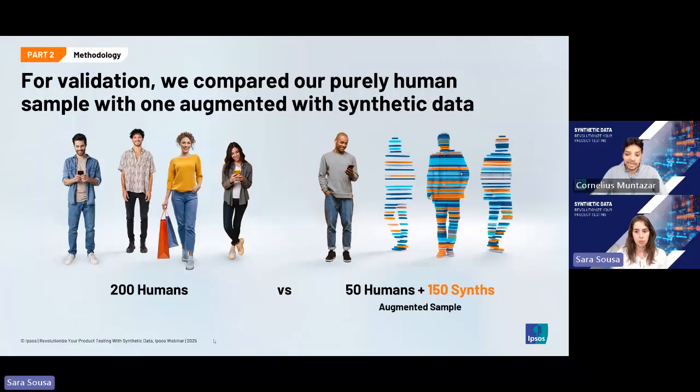This AI seed sample is the same respondents that the AI is then trained on. This seed sample is then used to generate an additional 150 synthetic respondents, or 150 synths. And so we compare the results from the 50 human plus 150 synthetics to the total human sample of 200 that the original data set had.